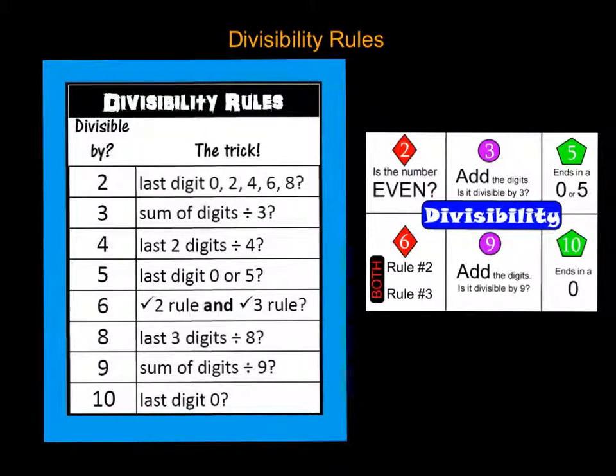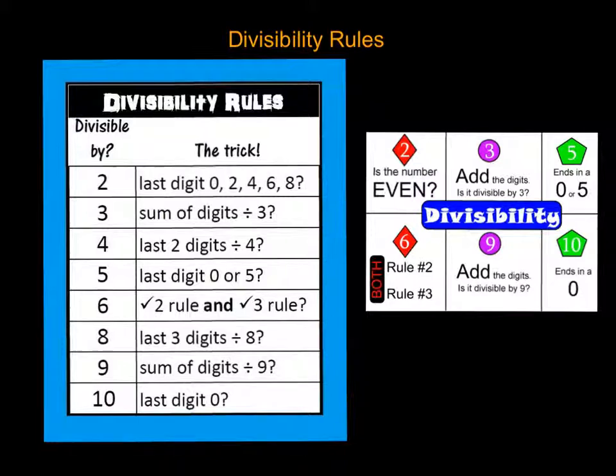For 2, the last digit is 0, 2, 4, 6, or 8, just as we said over here, it's an even number. Even numbers always end in 0, 2, 4, 6, or 8. For 3, the sum of the digits is divisible by 3. For 4, the last 2 digits are divisible by 4.